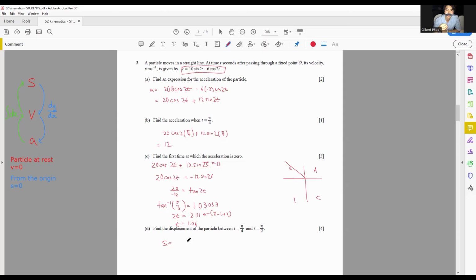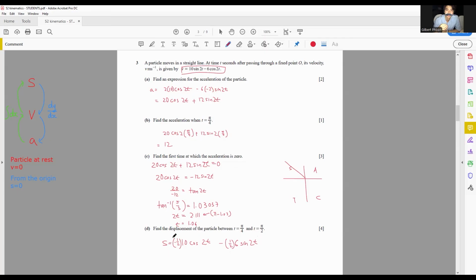Okay, let's write it like this instead. 10 cos 2t times 1 over negative 2, minus the integral of cos, you have gotten sine, but it's 6 sine 2t, again times 1 over 2.